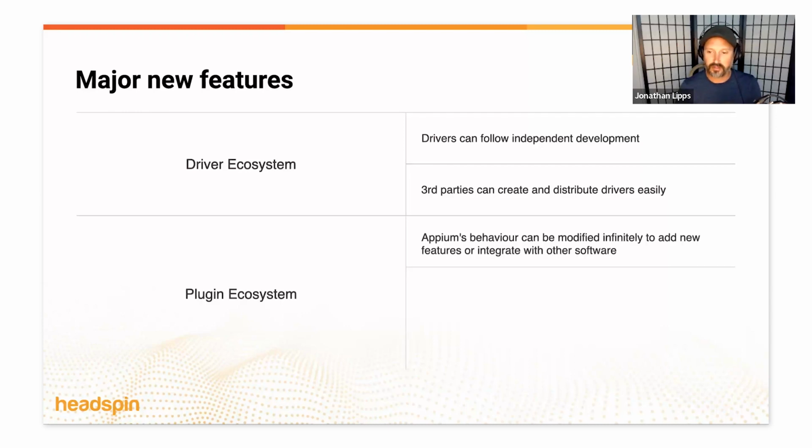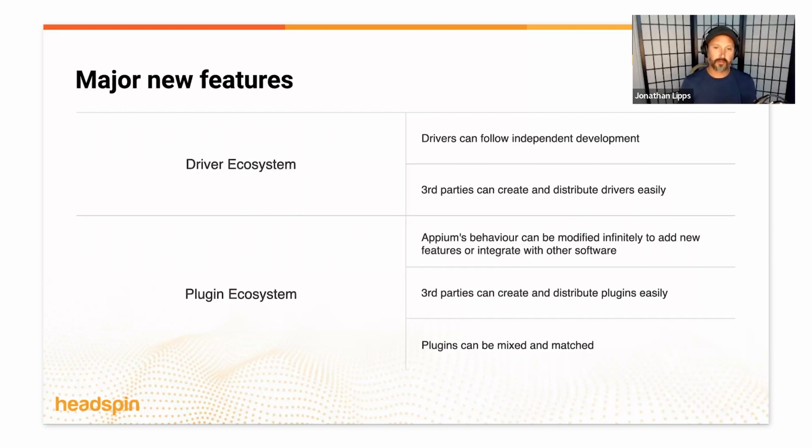So with the plugin ecosystem, we've already talked a little bit about what plugins are, but there's basically no limit to what plugins can do. And so we can just look at some examples of existing plugins to give you an idea of the possibilities out there. Just as with drivers, third parties can create and distribute plugins easily, and other people can download, consume, and use them.